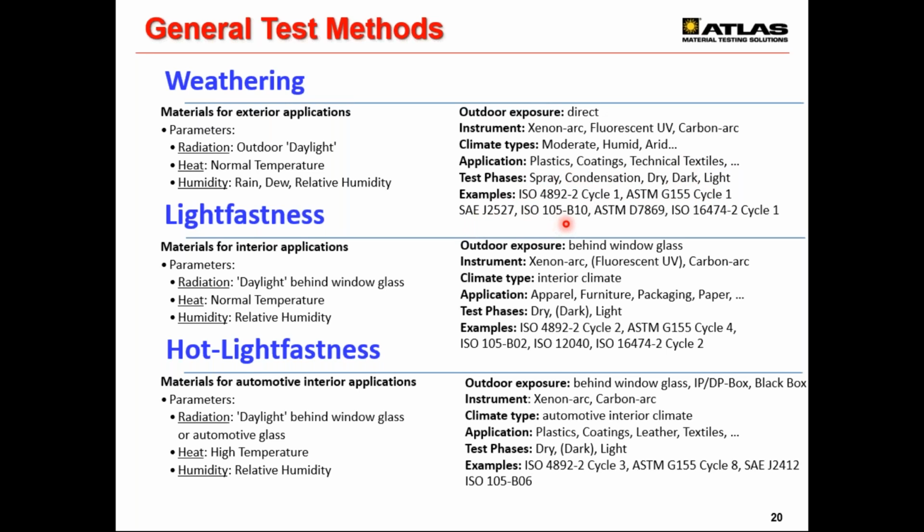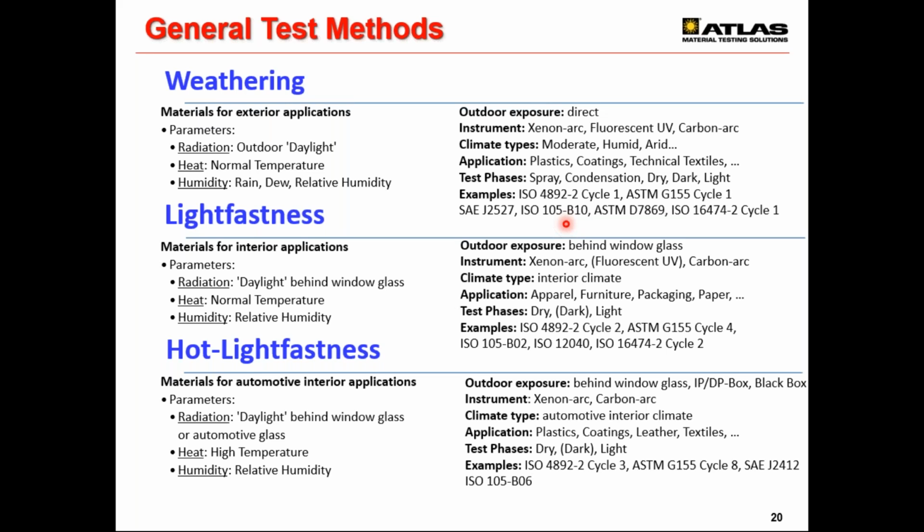For light fastness, the light fastness bucket, we have a group of standards whose parameters are modified for indoor or interior applications. And when I say indoor or interior applications, I mean non-automotive. The parameters that are typically specified and controlled: radiation source, the light source is daylight behind window glass.